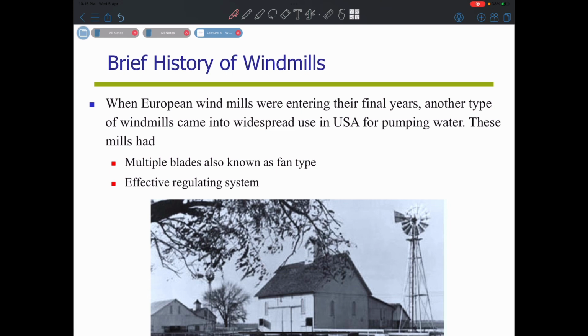When European windmills were entering their final years, another type of windmill came into widespread use in the USA for pumping water. These mills had multiple blades, also known as fan type, and an effective regulating system.